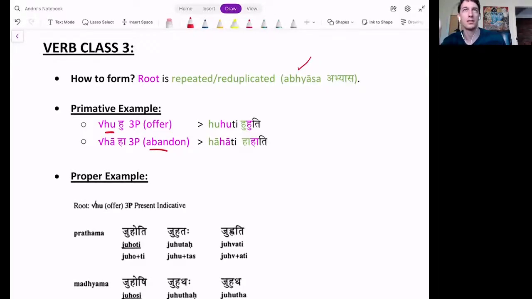Rama abandoned Sita. Ramah Sitam ha, ti. Okay, so you just double it. Ha. Now, obviously, Sanskrit is a little bit more advanced than this. They just don't want to make it so primitive, which is why I call it a primitive example. But you get the idea so far, yeah? You simply double it, done.